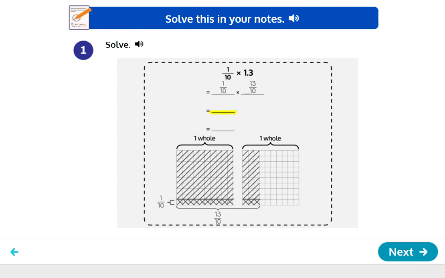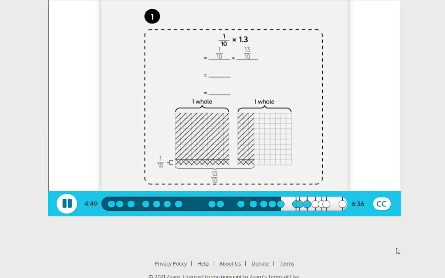Okay, so another way to think about that is 10 times 10 is 100. And 1 times 13 is 13. Let's check our work. We can see in the area model that 13 hundredths are double shaded.